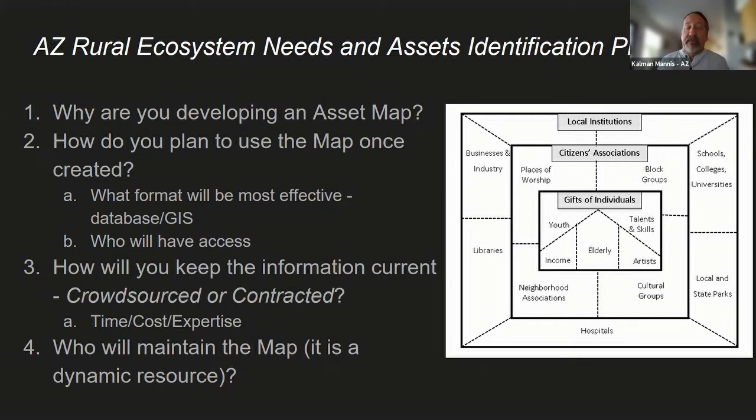How do you want to keep the information current? Just like Mary Margaret said, folks change. Businesses come in and out, folks come in and out of different positions. Are you going to crowdsource the information gathering, or are you going to contract it? There's a funding issue. If you don't have funding, it's better to have some pathway in which you engage your network, so that they help keep the asset map current.